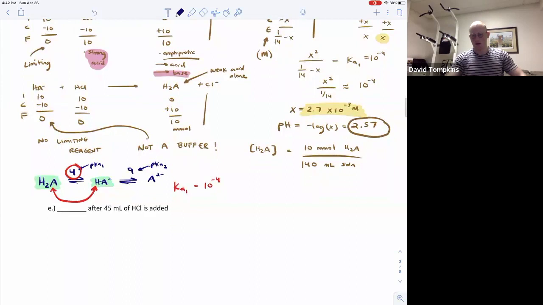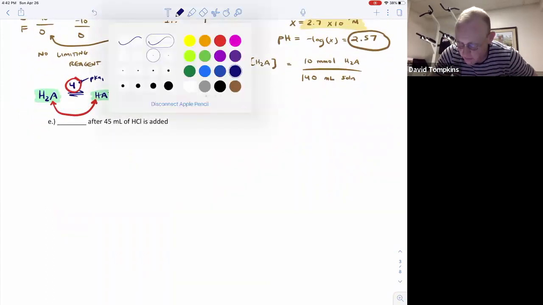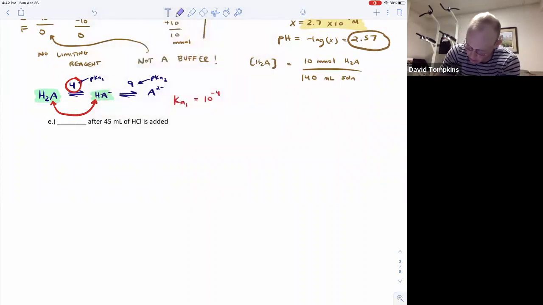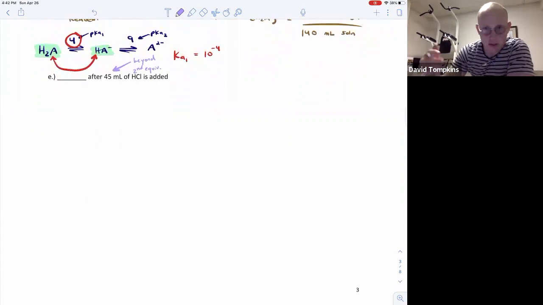So then finally, after 45 mils of HCl is added. So it took 40 to get to the equivalence point, which means this is going to be beyond the second equivalence point. Okay, so let me write out some similar equations here.